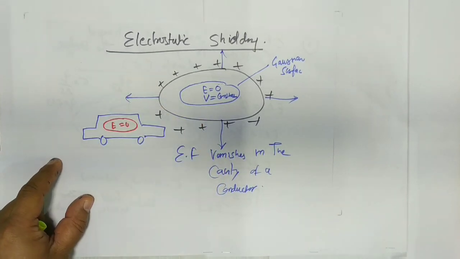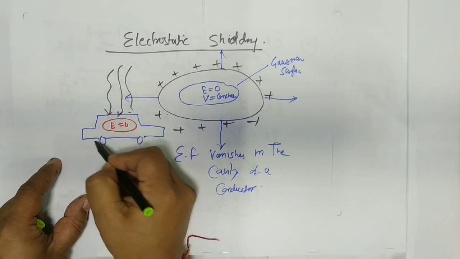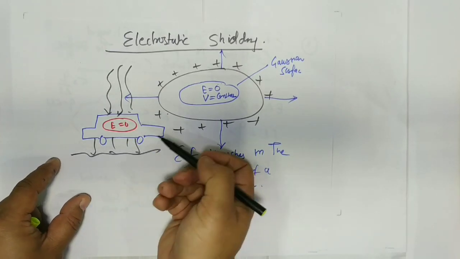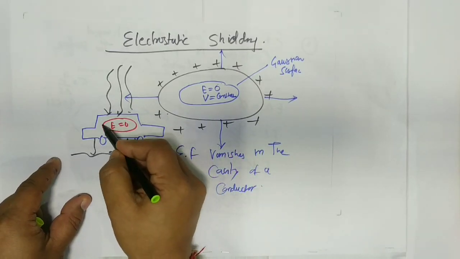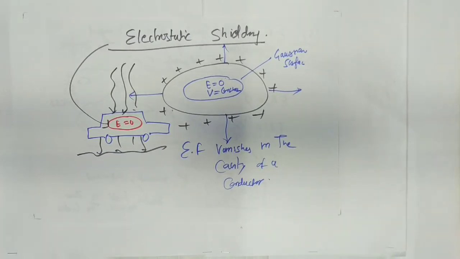If lightning strikes it, the lightning will pass to the earth. So this is how we explain electrostatic shielding. So this is about the electrostatics of conductors, the behavior of conductors.